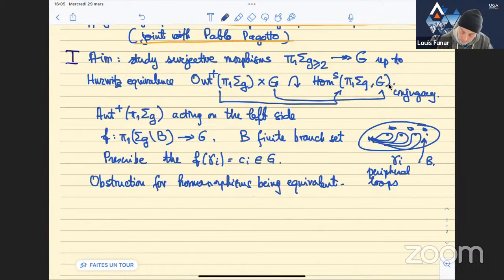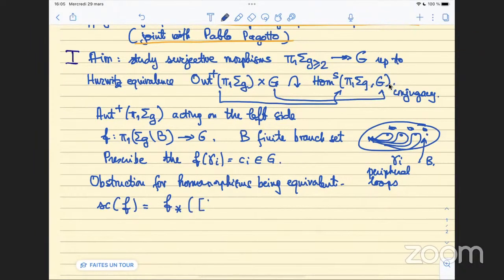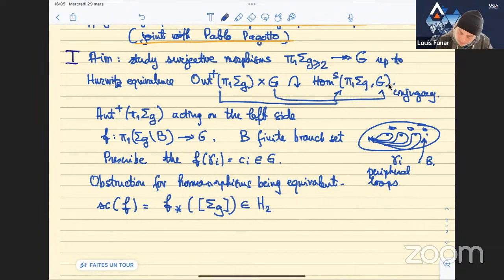And this is the simplest one. I called it last time the Schur class. So the Schur class of f is the image of the fundamental class of the surface in H2 of G. So this is the Schur class or invariant.